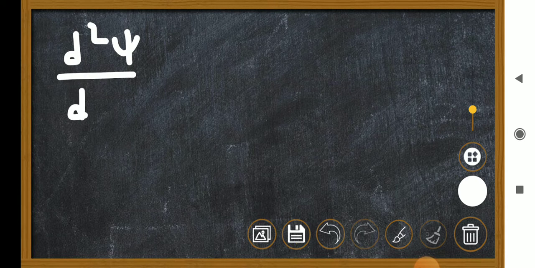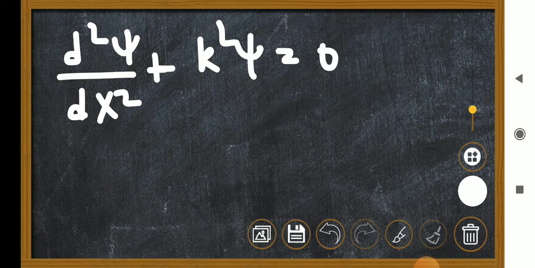Anyway, so let's start this. Now, this particular equation that we have in our hand looks like this: del square psi by del x square plus k square psi equals 0. And this has a very generalized solution.